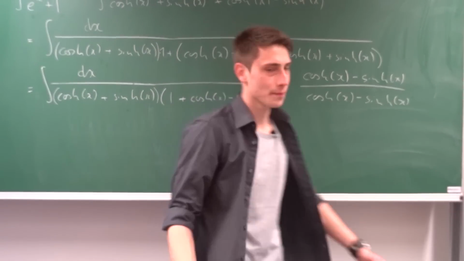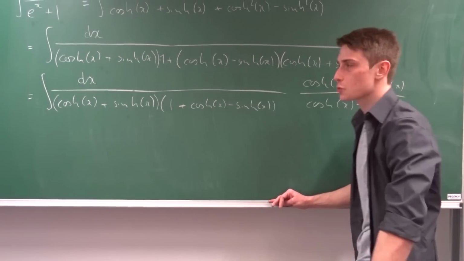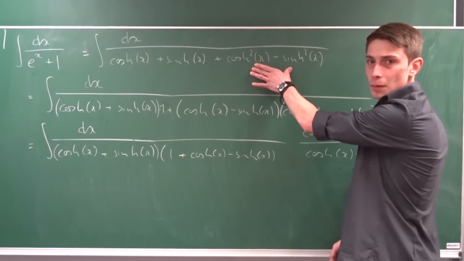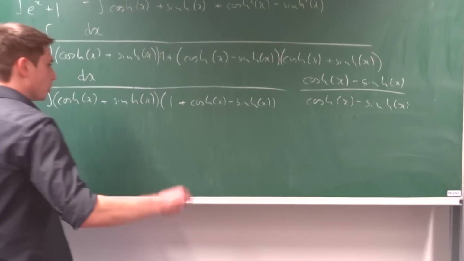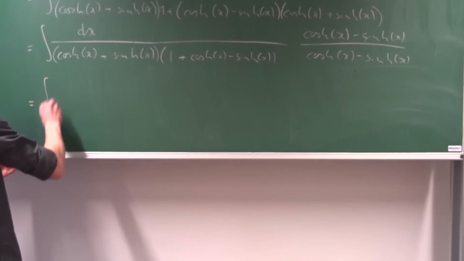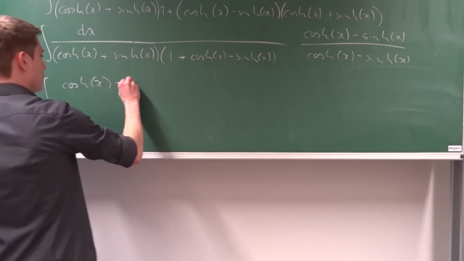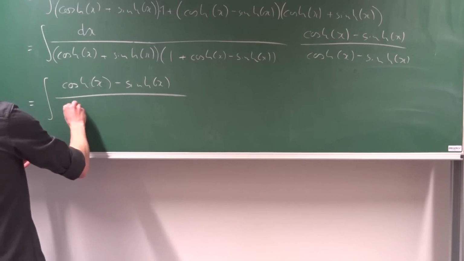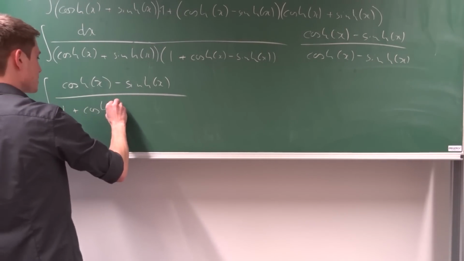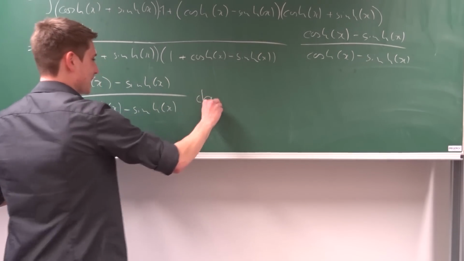And the nice thing is, if we multiply this term with this term, this will give us exactly this term, which is just a 1. So what we end up with now is just the integral of cosh of x minus sinh of x over 1 plus cosh of x minus sinh of x dx.